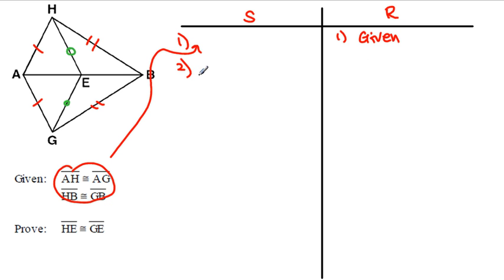Number two. Now, we get to realize that here in the middle, line segment AB must be congruent to itself, by the reflexive property. So I'm going to write down AB must be congruent to AB. And number two would be reflexive.